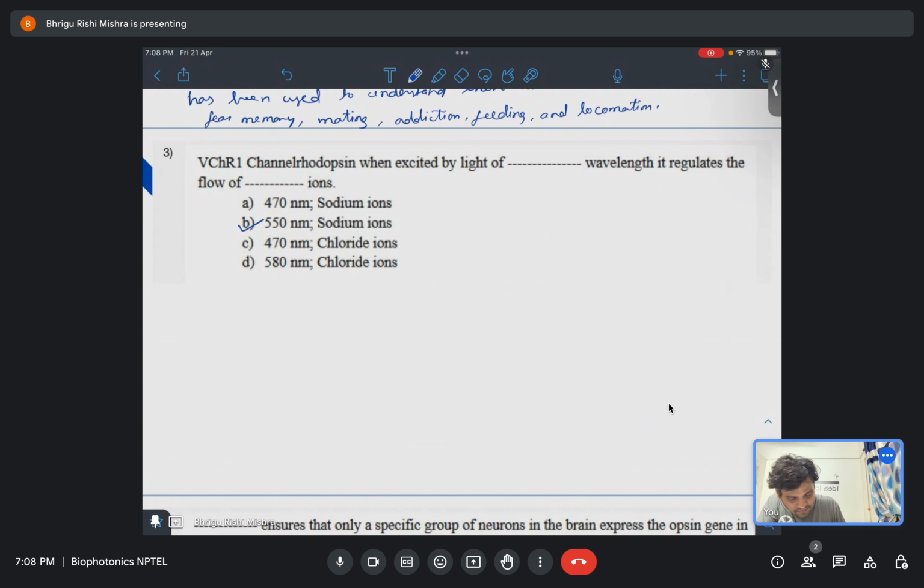Channelrhodopsins serve as sensory photoreceptors in unicellular green algae, controlling phototaxis.